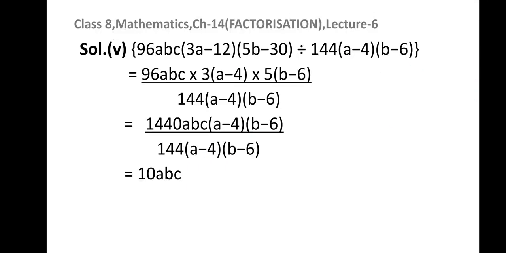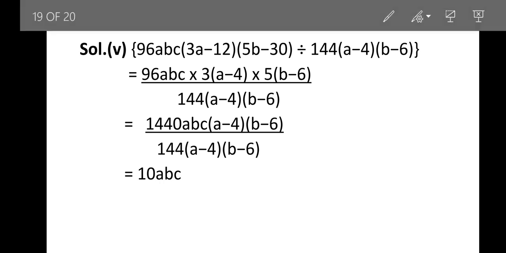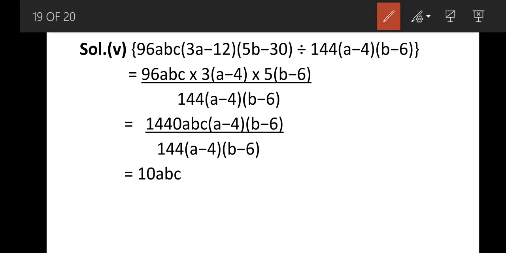Now coming to the fifth part of this same question. It is 96ABC bracket 3a minus 12 bracket 5b minus 30 divided by 144 bracket a minus 4 bracket b minus 6. So what I have done here is, this is the question given to you. I have taken 96ABC and written it as it is.